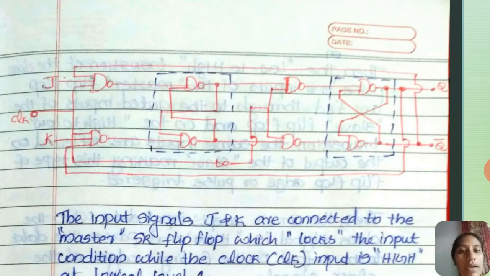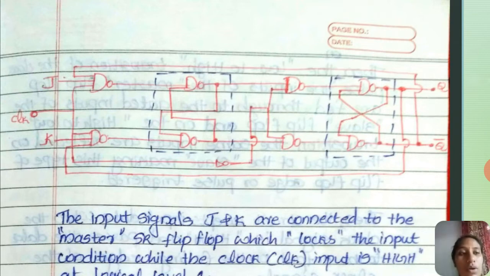You are providing the inputs J and K as well as a clock. The clock is provided to the master flip flop as it is, but it is inverted before applying it to the slave SR flip flop. The J and K inputs are given with cross feedback of the outputs.